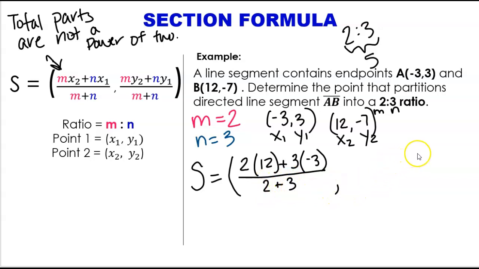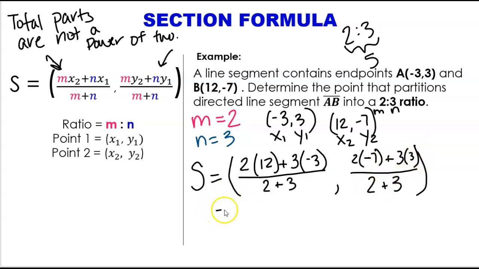The next one, I have my m. Now guys, over here, I'm figuring out my y value, my y coordinate. So my m is 2 times my y2, which is a -7, plus my n, which is 3, times y1, which is 3. And that is over 2 plus 3.